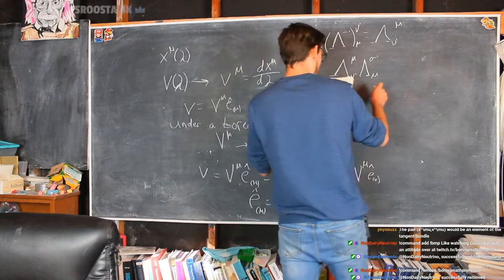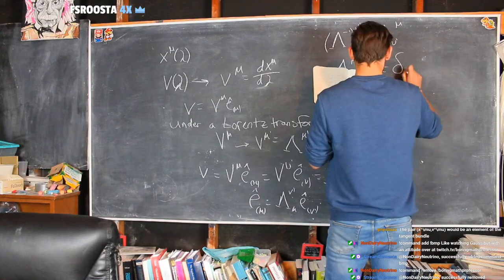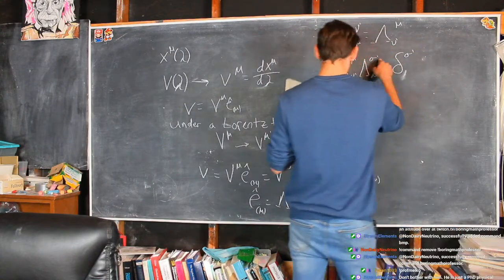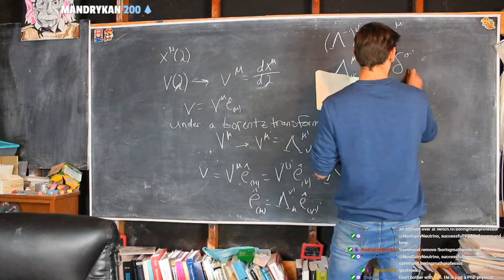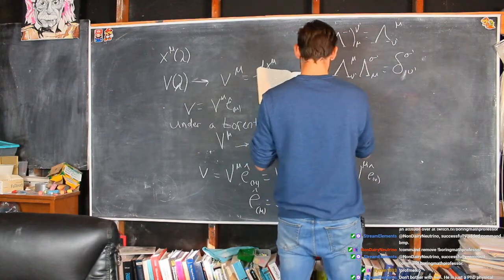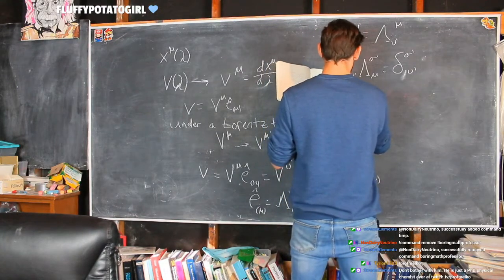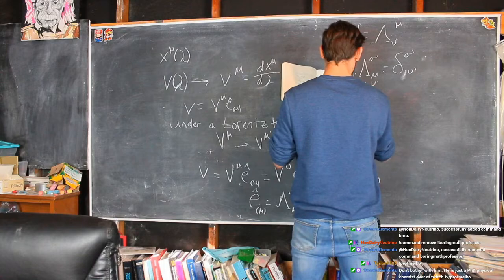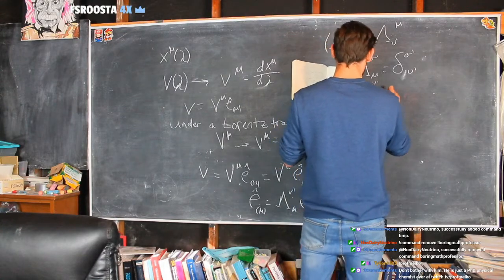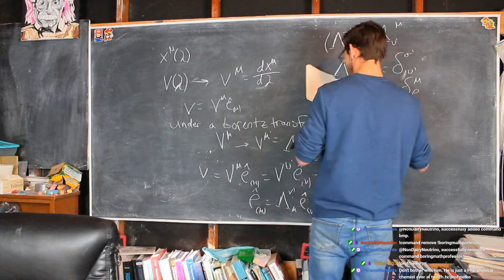Another way to say that is that this is equal to the Kronecker delta of σ and ν. Another one could be ν' to μ and ν' ρ, and that would be the delta of μ and ρ. Okay?